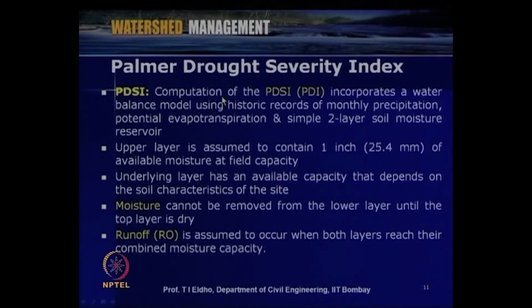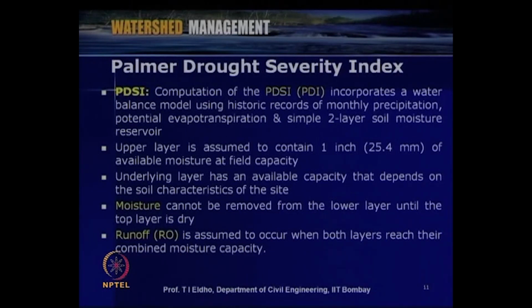So, this Palmer drought severity index is a computation of the PDSI, and it incorporates a water balance model using the historic records of monthly precipitation, potential evapotranspiration, and a simple 2-layer soil moisture reservoir. So, that way this PDSI or the PDI index is a somewhat comprehensive index.